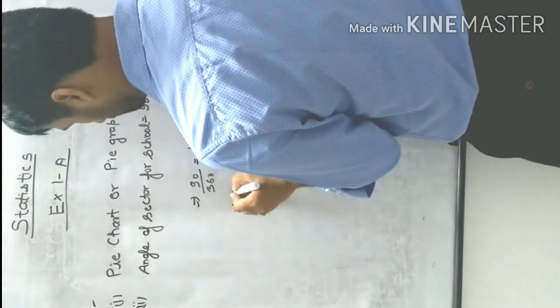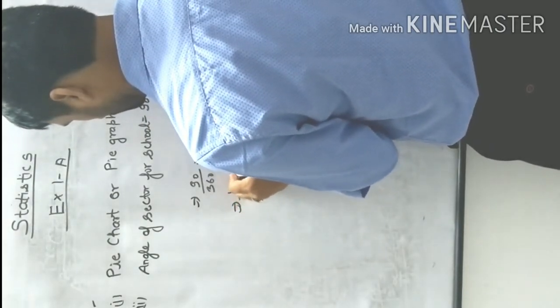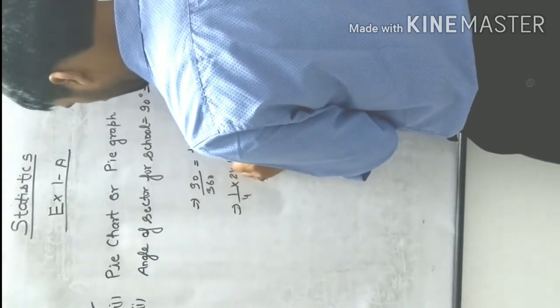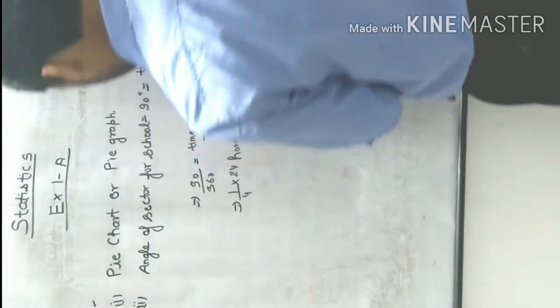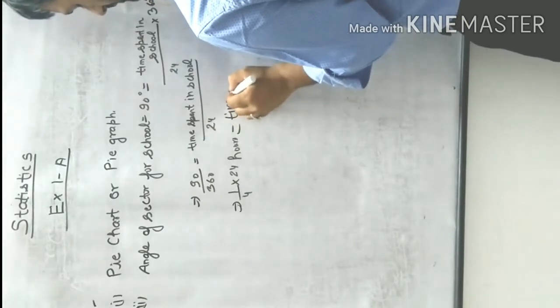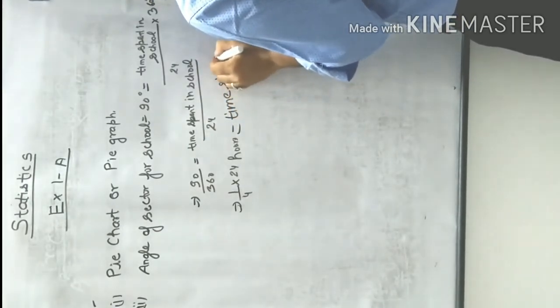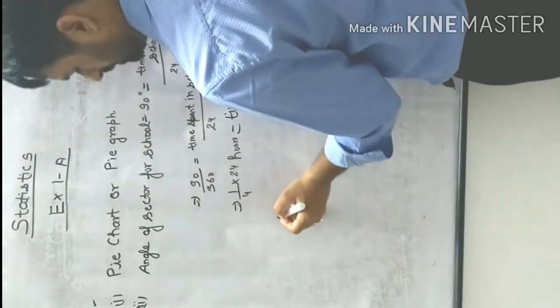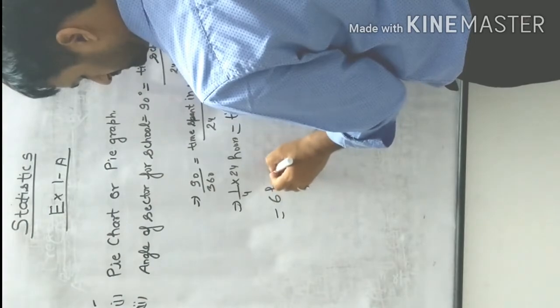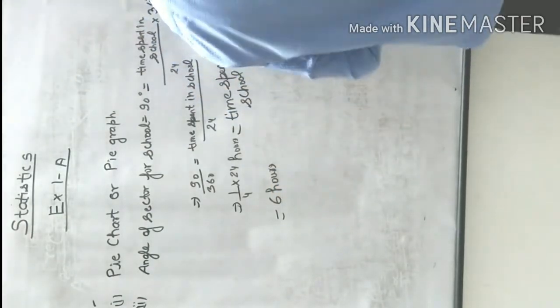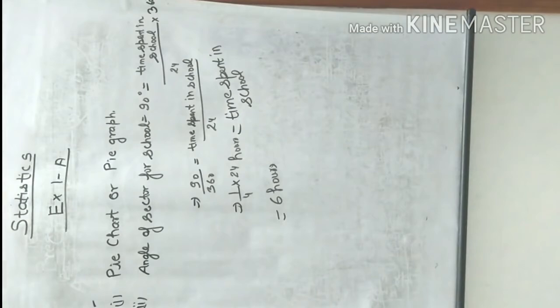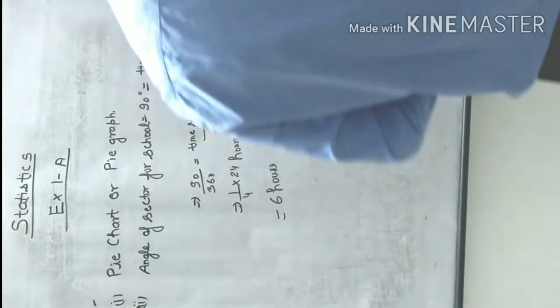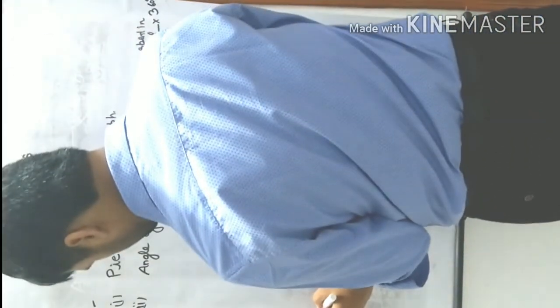This means it is what? 1 by 4 into 24 hours equals the time spent in school. That means how much is it? 6 hours. Because it is given for a day, how much will it be? 6 hours.